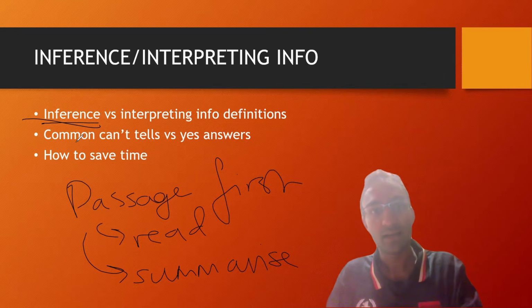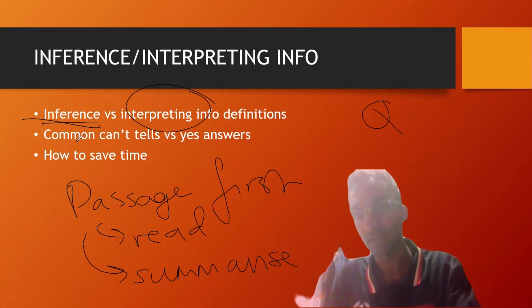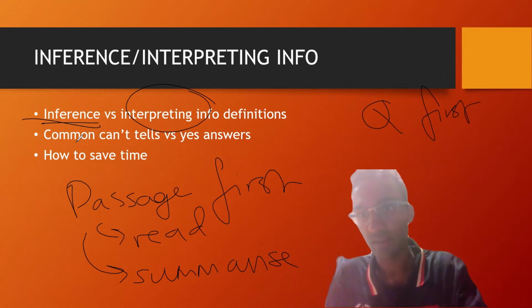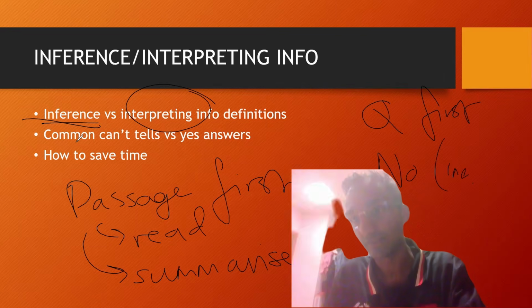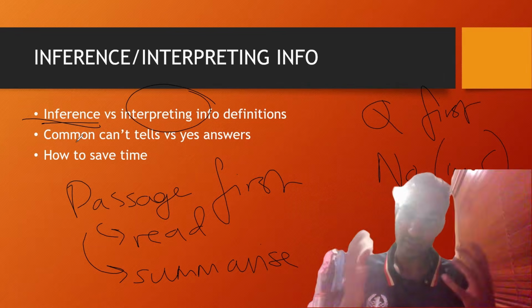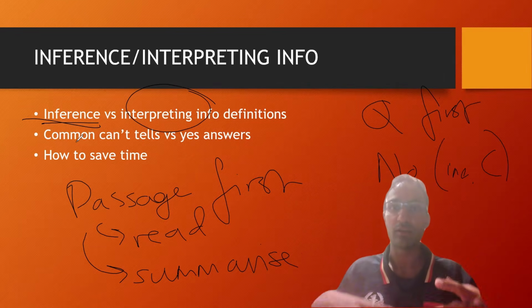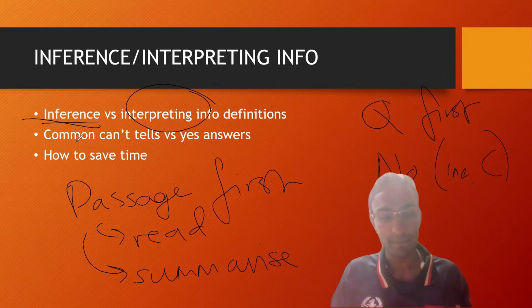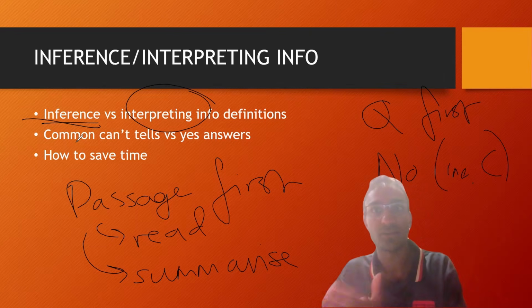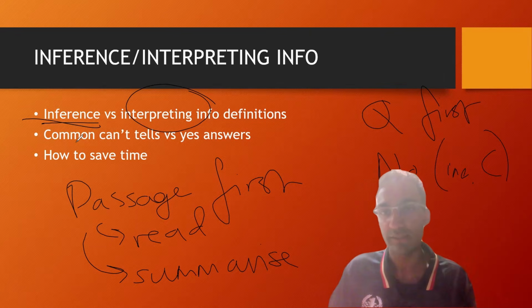Now, interpreting information is where you get a graph. So here I'd go question first, and it's the same as the syllogism. So the answer is always no, unless it's a definite yes. So they will generally ask once or twice out of the five questions something that goes beyond the data, or maybe they'll have the weather in May, June, July, and then they'll say, all right, the weather in August is going to be this, or maybe this, or they'll give you the rainfall and they'll say the temperature is this.